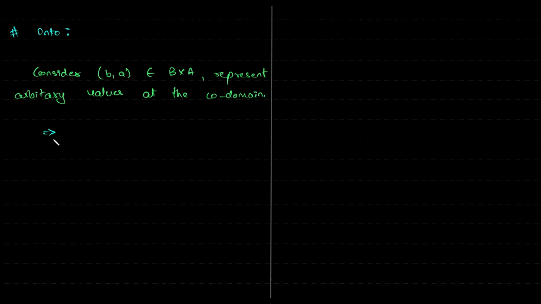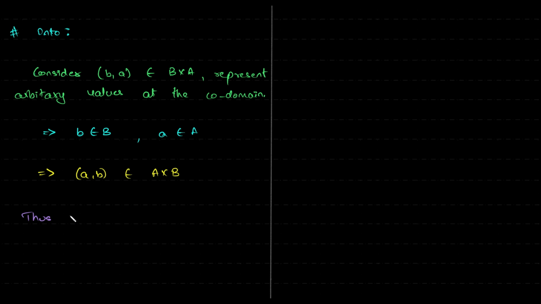Now from this what can I tell? Well, B has to come from set B and A has to come from set A, right? So basically with this can I tell that A comma B should come from the Cartesian product between A and B? Is it not? It has to.